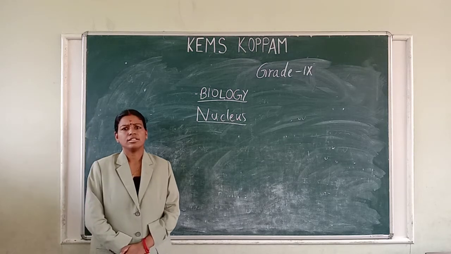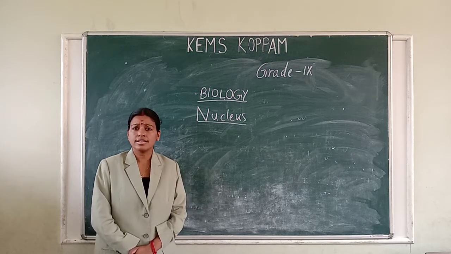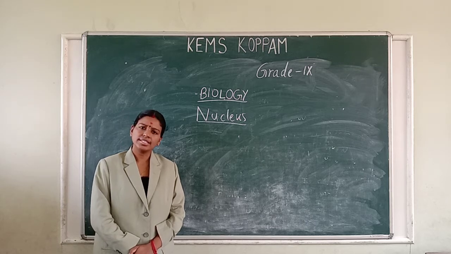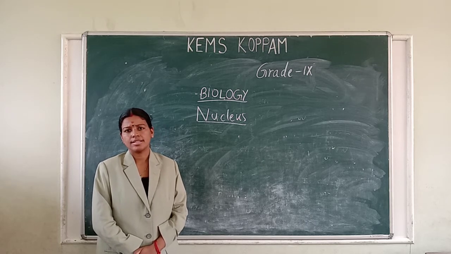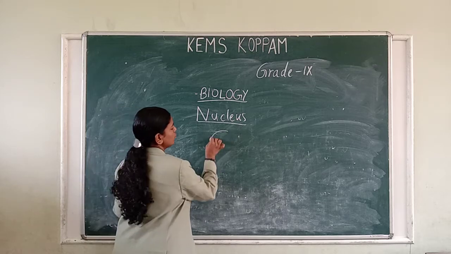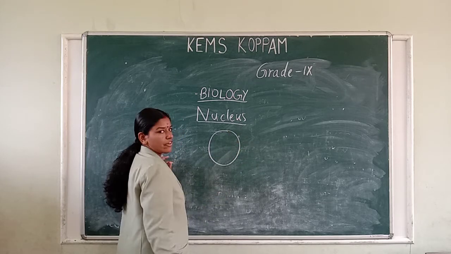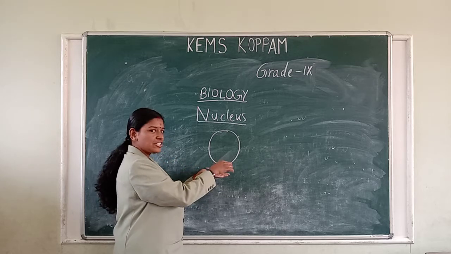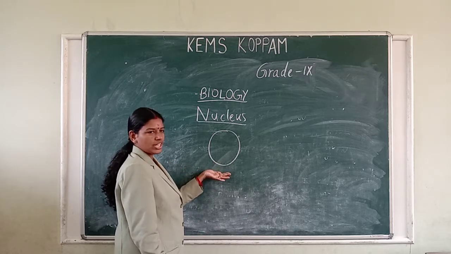So you know that the nucleus is the central main part of a cell. Now what are the other things you know about the nucleus? First point, if I am drawing the nucleus, taking the nucleus only, this is not a cell. I am taking the central part of the cell, that is the nucleus.